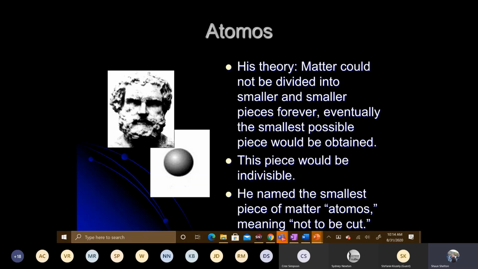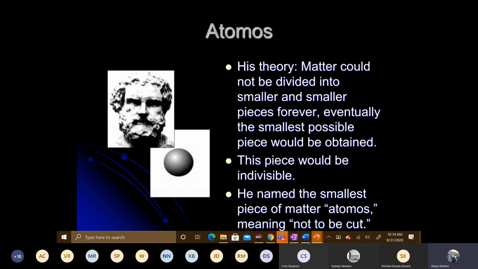This piece would be indivisible. That's the important part here: he is saying that the atom cannot be divided anymore. Once you get to the smallest part, that's it. So he named the smallest part of matter Atomos, meaning not to be cut.